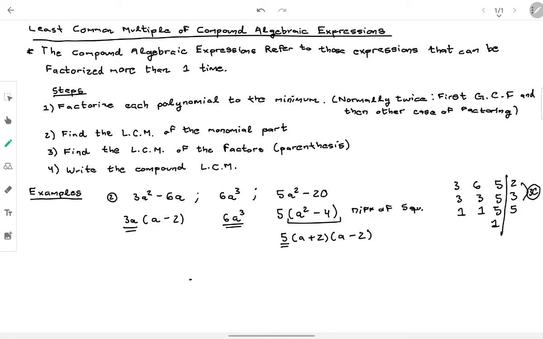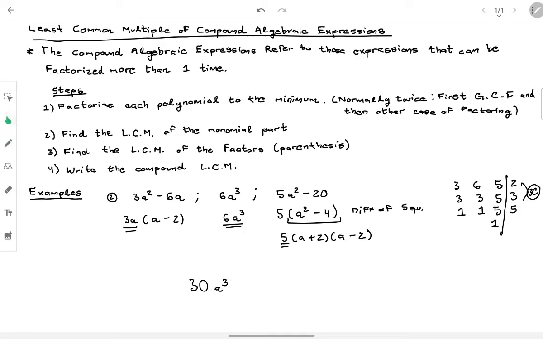So the number is going to be 30. What about the a? We have a here, a cubed, and no letter here. Remember, we need to put the one with the highest value. So in this case, it's going to be a cubed.